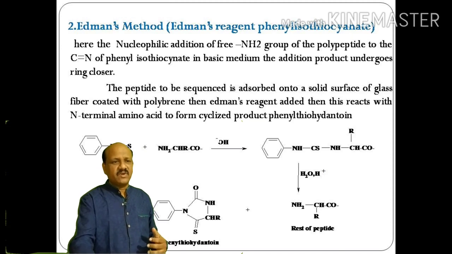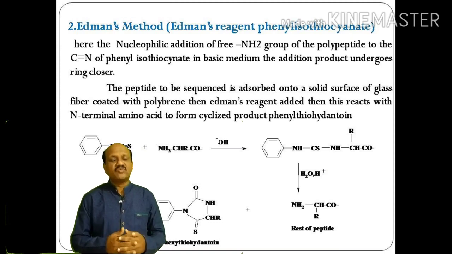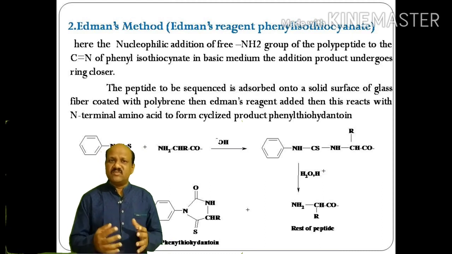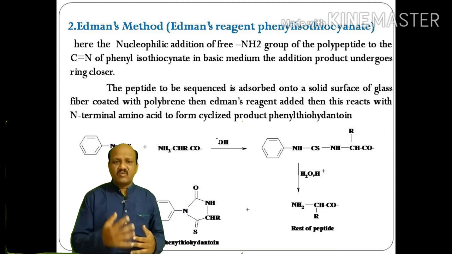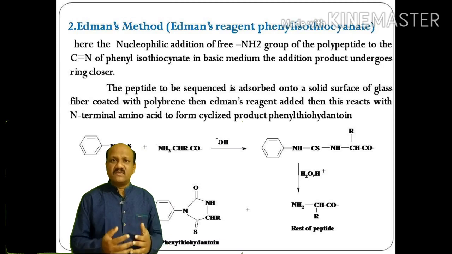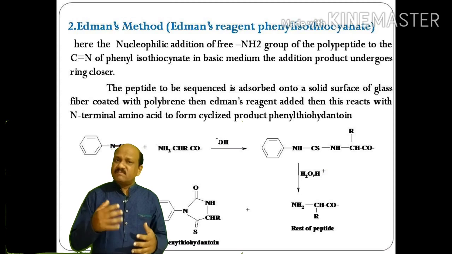The first part is over. The second is the advanced method or reagent. The advanced reagent is the phenyl isothiocyanate molecule. Phenyl isothiocyanate can be used for reaction with the amino acid or polypeptide molecule. Here there is nucleophilic addition of the NH2 group of the polypeptide to the carbon-nitrogen double bond of the isothiocyanate molecule, in basic medium.